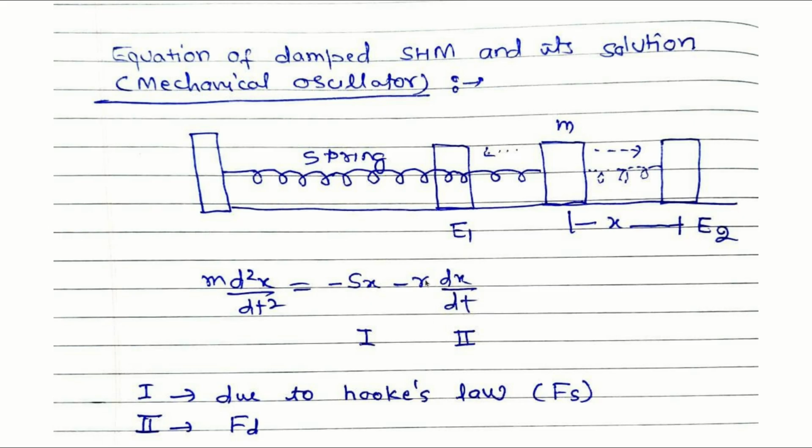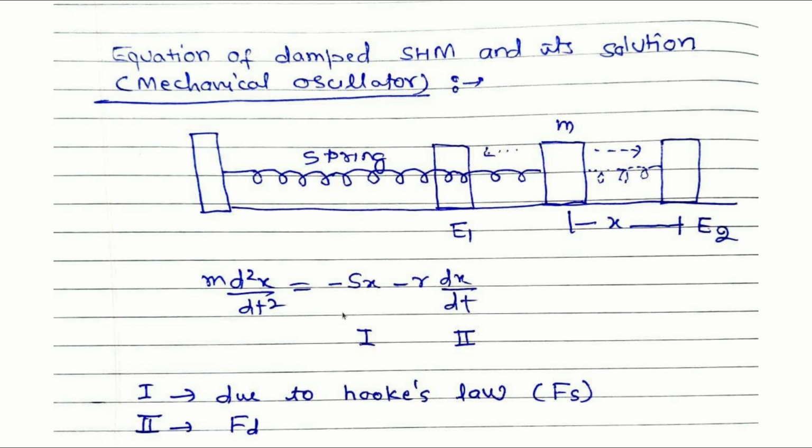Here R is the damping term and dx by dt is the velocity. So the damping force Fd is proportional to velocity, and due to the minus sign, Fd is opposite to the velocity.